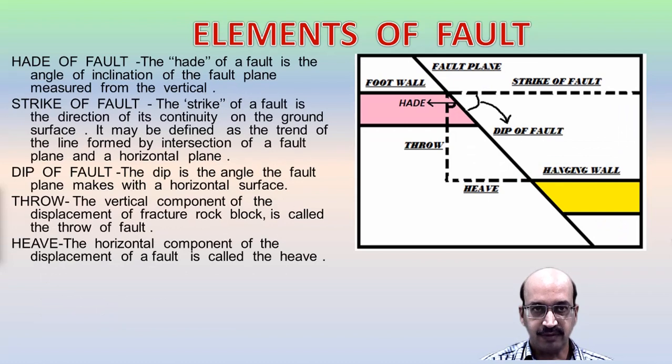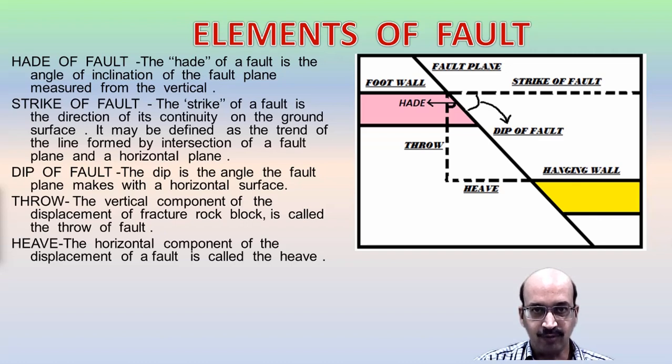When we observe the fault in a cross section, we can see the fault plane like what we see in this diagram, and there are a few terms which we should know regarding the fault. One is the head of the fault.